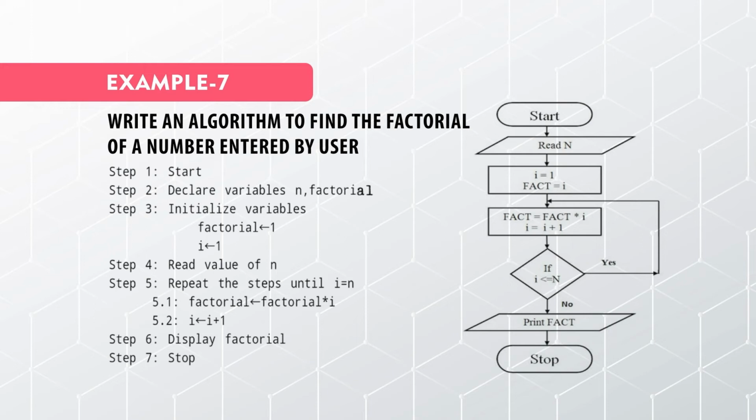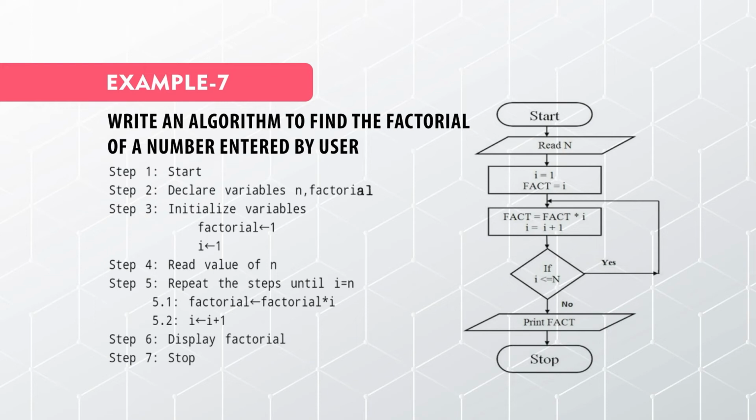We take one more variable I, and we initialize these two variables as 1. So we read the value of n, and we repeat the steps until I becomes equal to n.